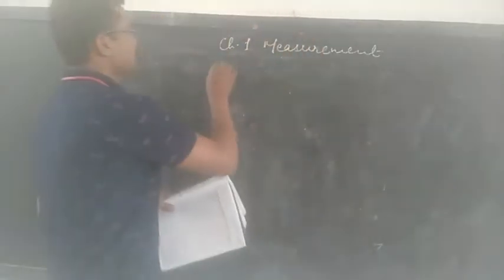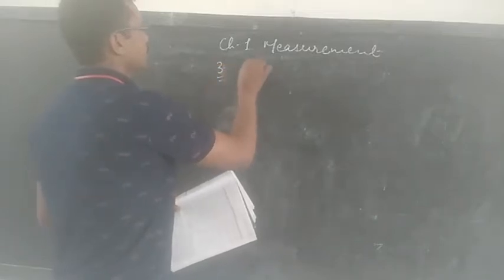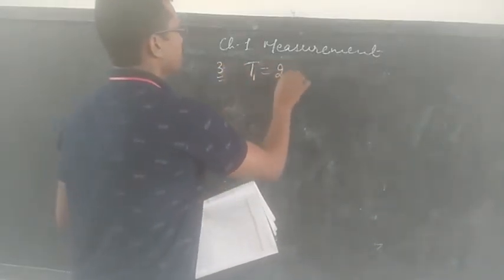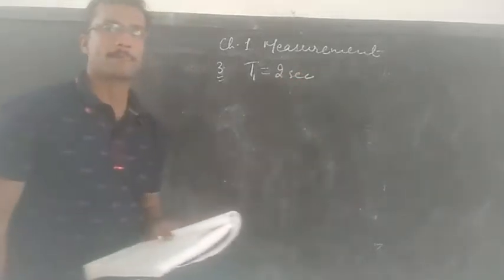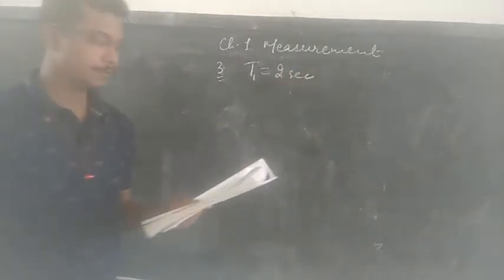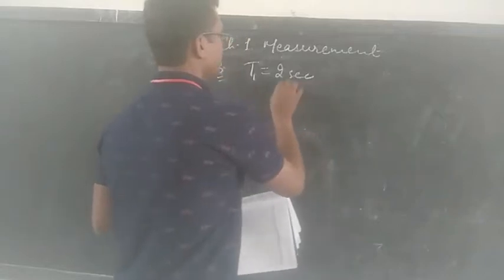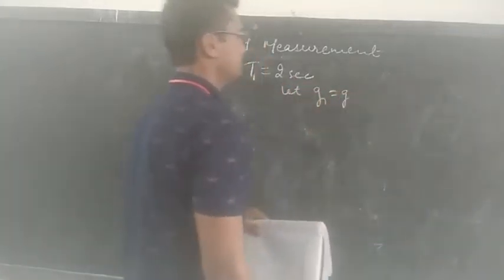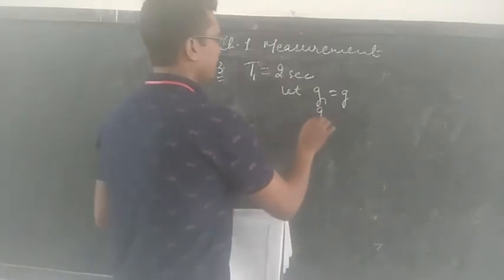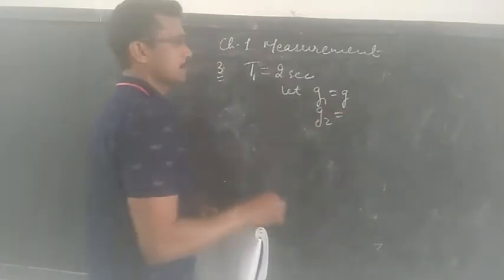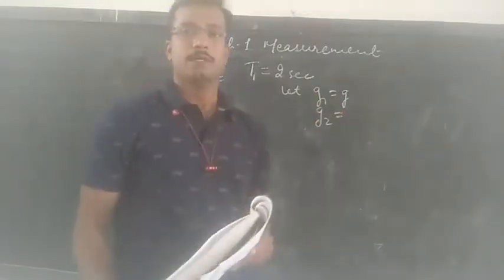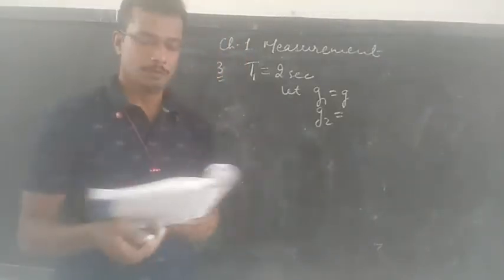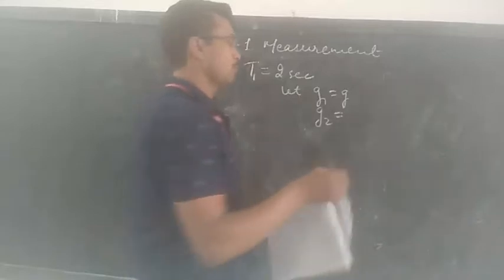Now it is the second pendulum that is taken. That is, the time period of the second pendulum is 2 seconds. And we can take the acceleration due to gravity as g, where when taken to a different place, we can assume that the acceleration due to gravity of the different place as g2, where it falls to 1/4.